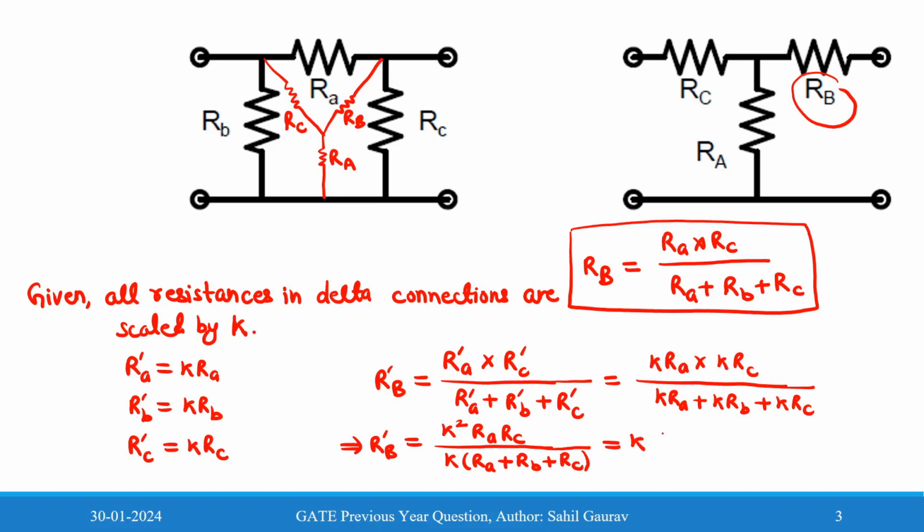So one k will come out: k into RA RC divided by RA plus RB plus RC. And this is nothing but RB dash equal to k times the previous RB value.